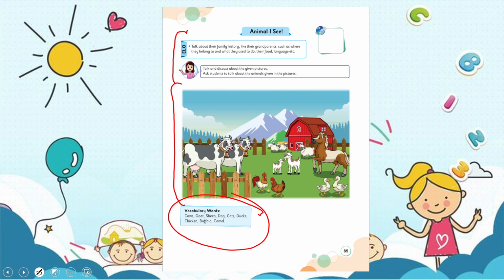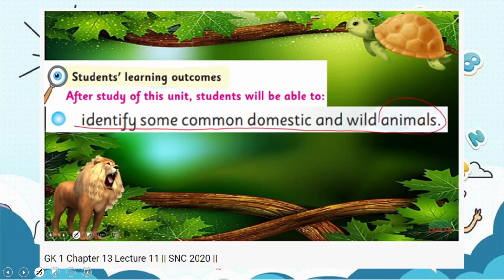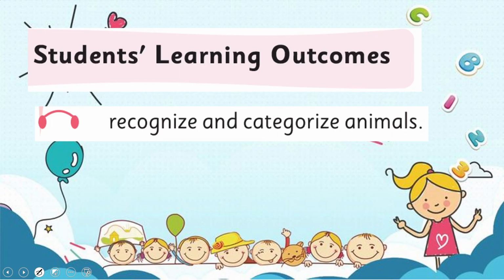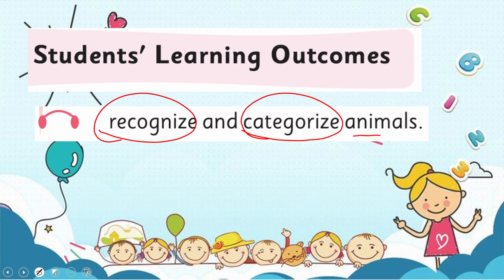So this concept is going to help us to learn, and in your science as well, you have learned it to identify some common domestic and wild animals. Do you remember this concept you have learned in your science? So these concepts will help us to recognize and categorize animals. This is our today's assignment.